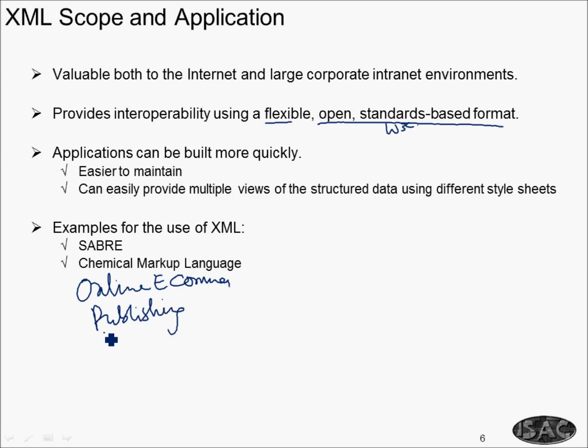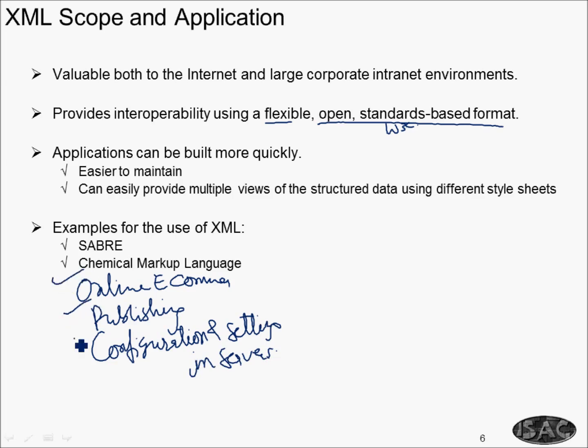It is used for configuration and settings in various servers, like Tomcat and Apache, all of them use XML for their configuration and settings. So there are a lot of examples of how you can use an XML file. It can be used to transfer data.